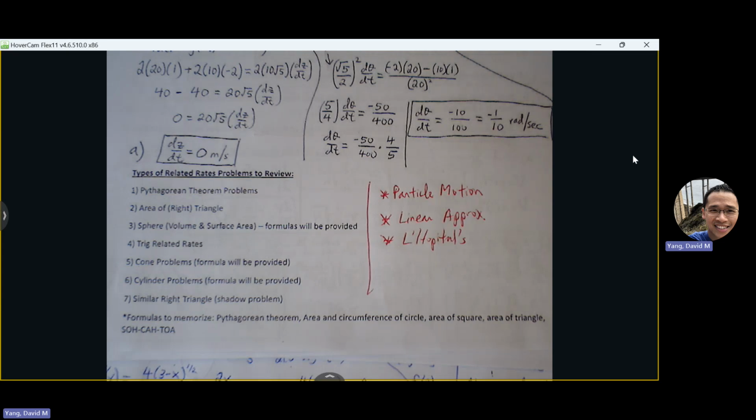Typically with position, the only time you have to worry about negative position, if you think about it, is because it's always final position minus initial. It ends up being negative in this one. Velocity, if I plug a time value into velocity and I get a negative number, that means at that moment in time it's moving in the negative direction. Same, if I'm plugging a time value into the velocity and it's a positive number, it's moving positive.